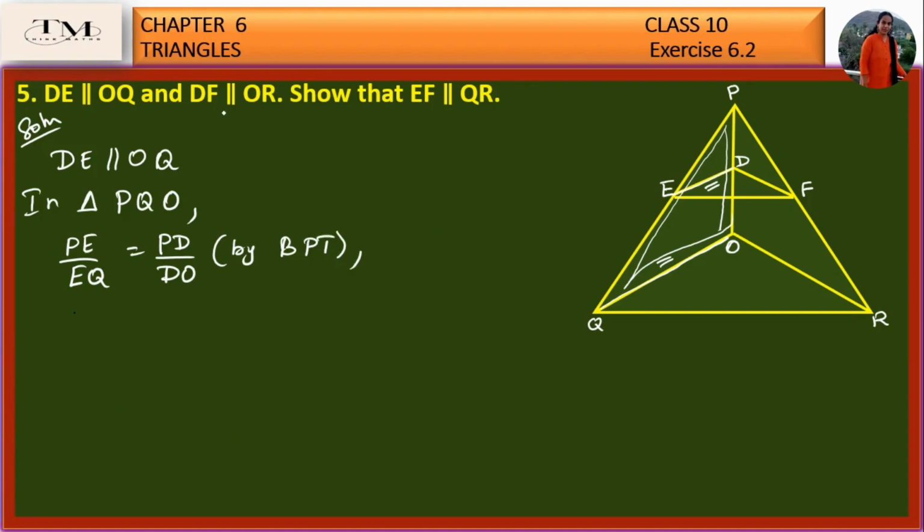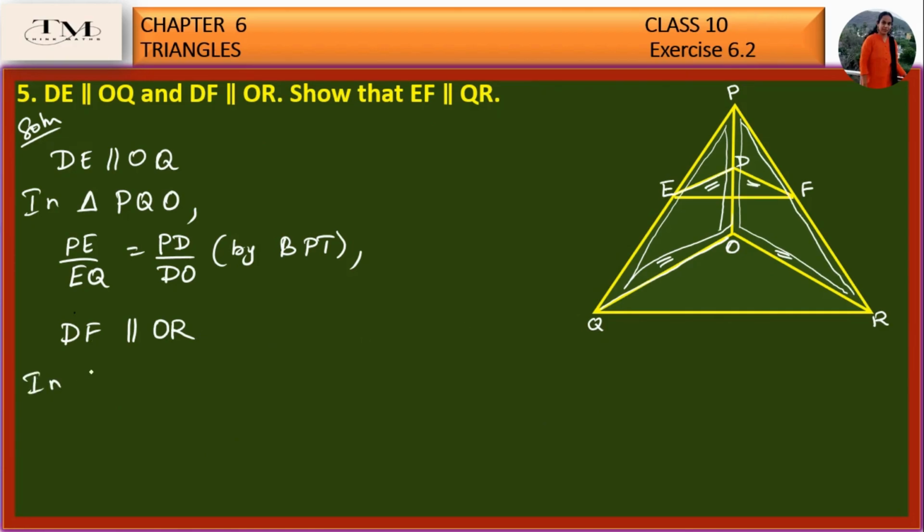What is the other one? DF is parallel to OR. DF is here and this is parallel to OR. So let us consider this triangle POR.